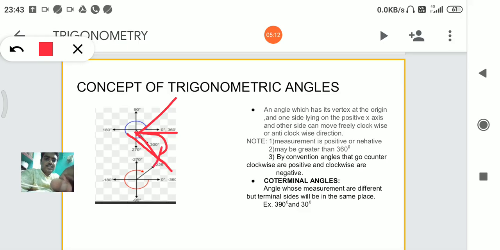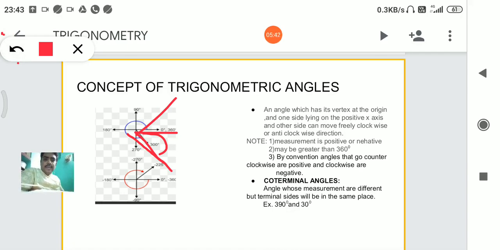So this is negative 60, minus 60 degree. Another line is there, already in the figure, which is positive 300 degree. And the other is minus 60 degree.